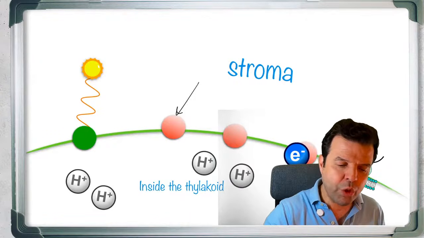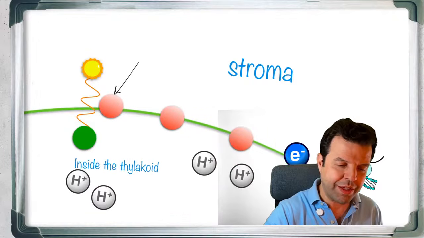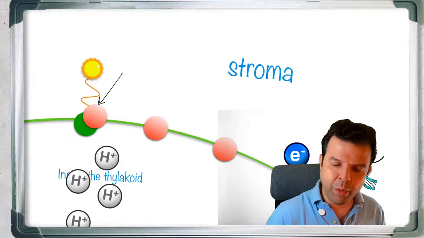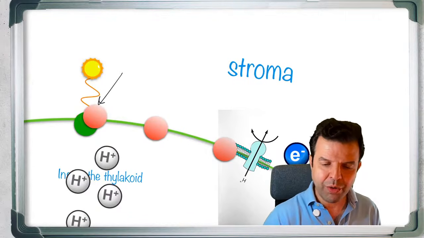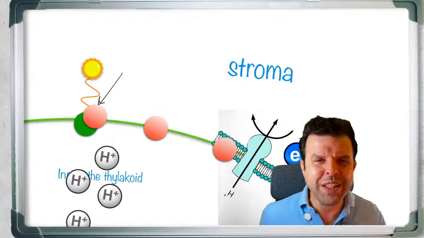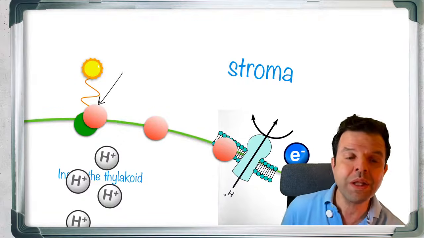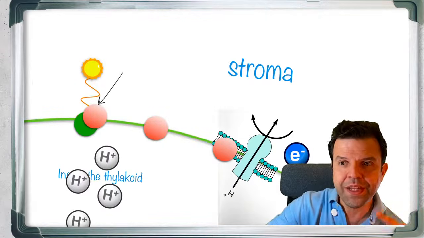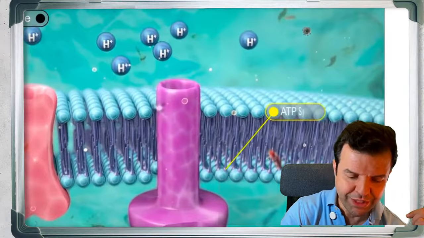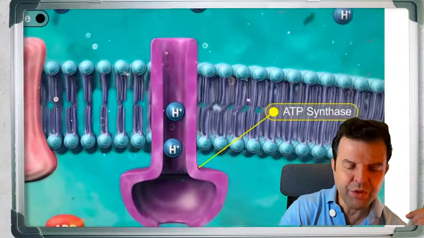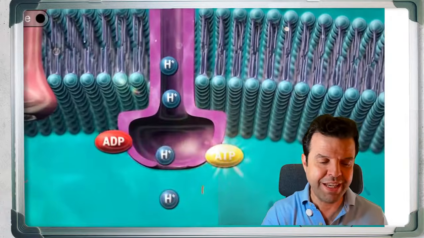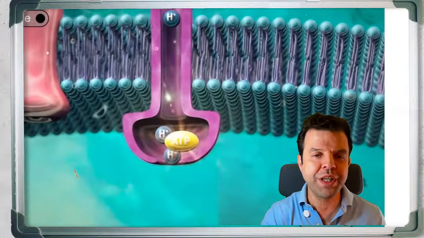Meanwhile, we accumulated the protons right here inside the tiny thylakoid space. Somewhere here on the right side of your screen, we got a channel. We got a tiny hole. This tiny hole will work like the turbine. This channel will rotate. Literally, it rotates like this. And while it's rotating, it does phosphorylation. It makes me a lot of ATP.